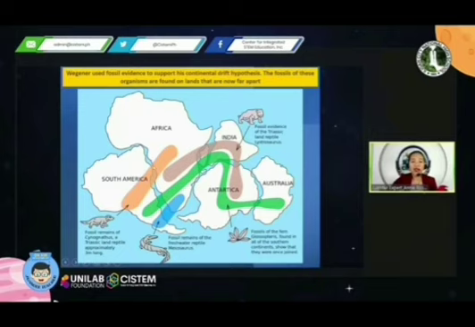So the coastlines of the continents, as you can see in here, even if we're not going to take into consideration the distribution patterns of these fossils, you can see that they will still fit together like puzzle pieces. So as you can see in here, much like a jigsaw puzzle fit.